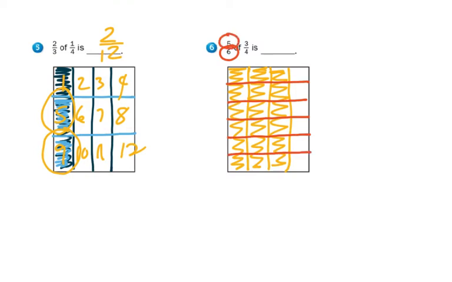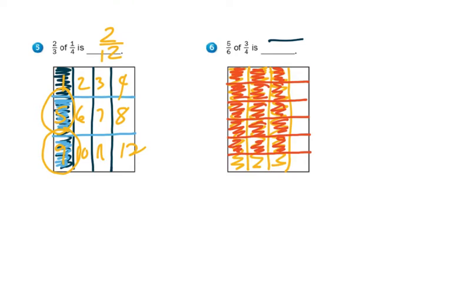Shading 5 out of those 6, but only the ones that have already been shaded. So 1 out of 6, 2 out of 6, 3 out of 6, 4 out of 6, 5 out of 6.